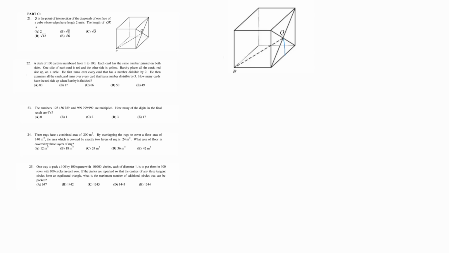If we label that point P and S, and also we draw RP, now we have the triangle PQR. We can use the Pythagorean theorem to find QR squared.